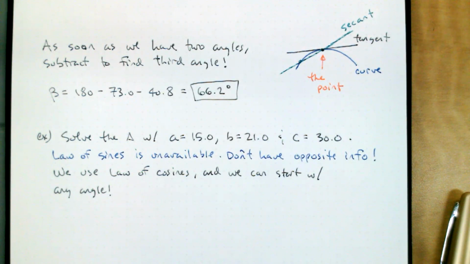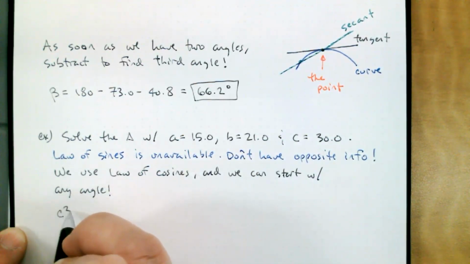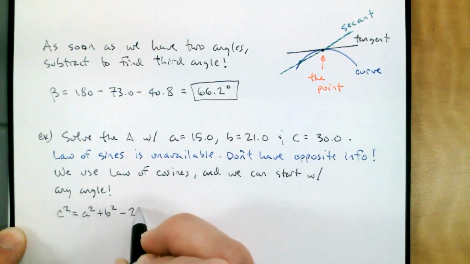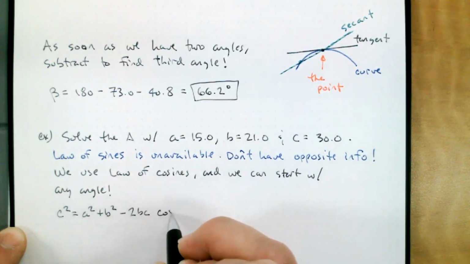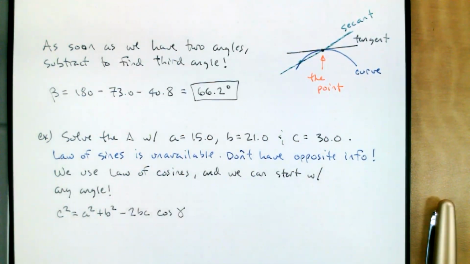So we can use the law of cosines to solve for an angle. Let's just write down that first one. c squared is a squared plus b squared minus 2ab times the cosine of gamma. So this would be the line I want to use if we wanted to solve for gamma first.